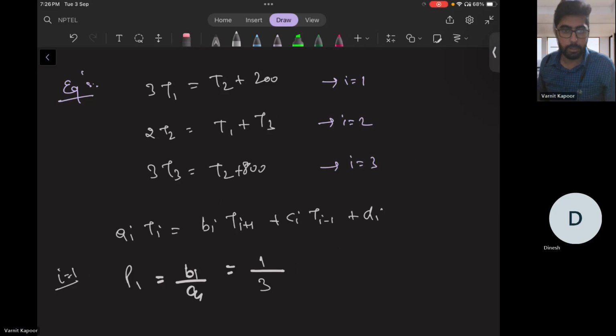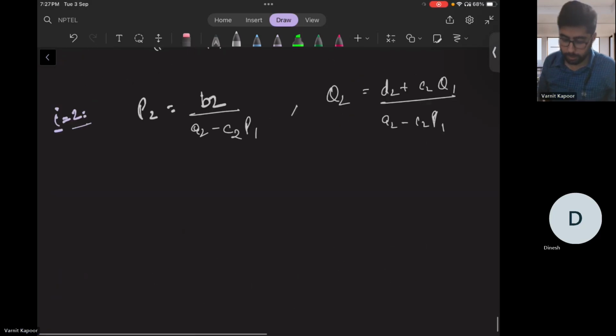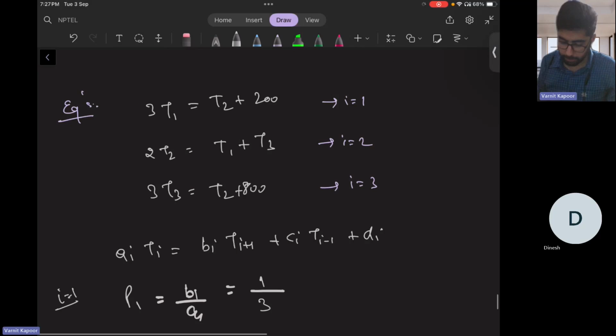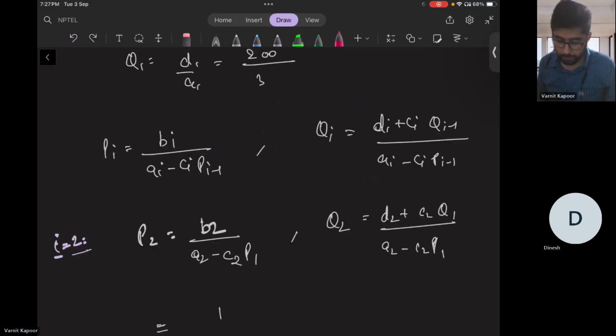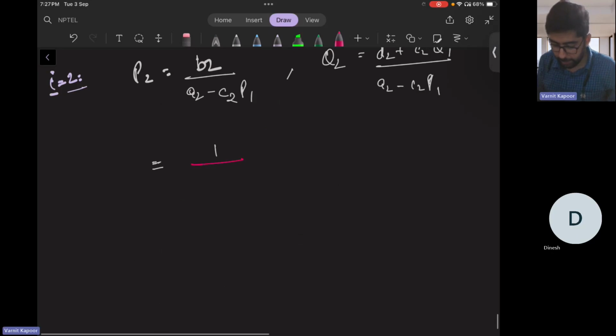Okay, B2 is how much? 1. A2 is how much? 2. B2 is 1. See this equation, if you're finding for 2, B is the coefficient of the next one, C is the coefficient of the previous one, and A2 is the coefficient of itself.